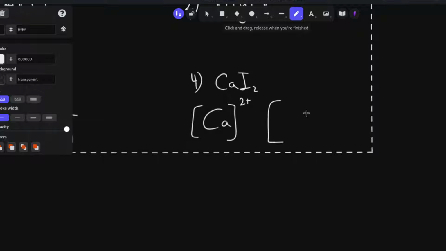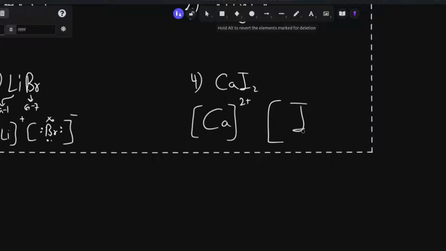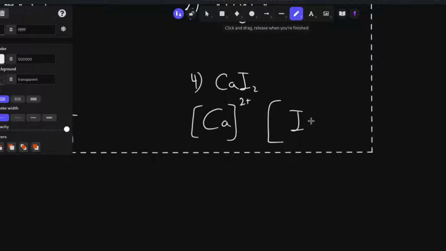And if we were to make a diagram for the iodine, it would look something like this. But this has only filled 1 electron. Basically, calcium has provided 1 electron to this. So where is the other electron going?